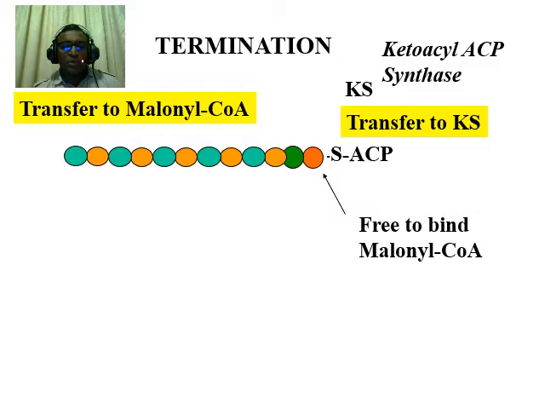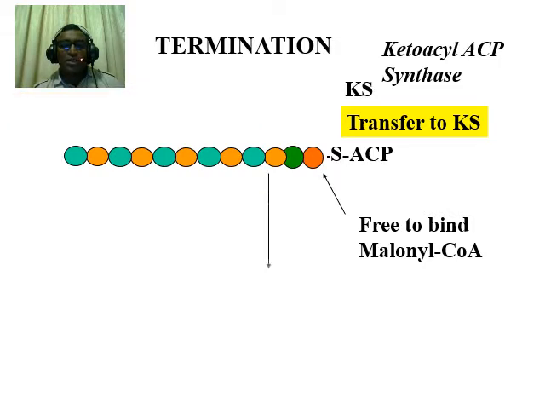But what happens next is there will be no further reattachment of the 16 carbon to the condensing enzyme, but instead it will come out, catalyzed by thioesterase, to form the palmitic acid.